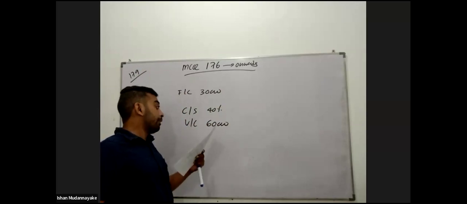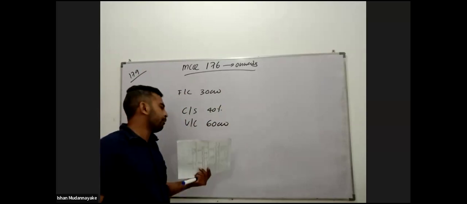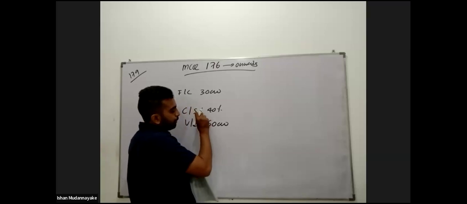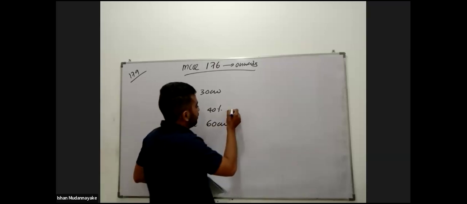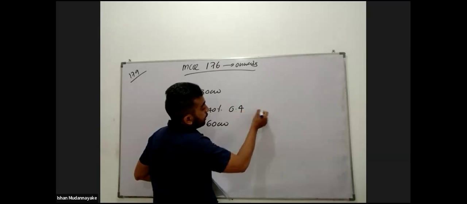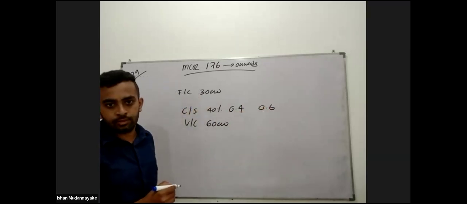Now, if variable cost is 60,000, what is the total contribution? If the contribution to sales ratio is 40%, contribution 0.4, then variable cost is 0.6.